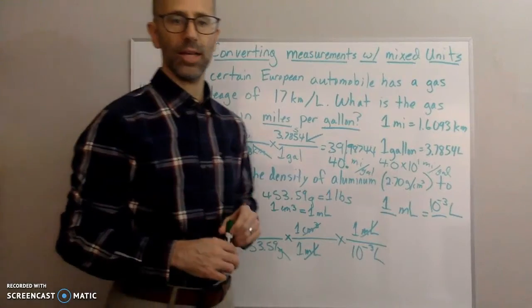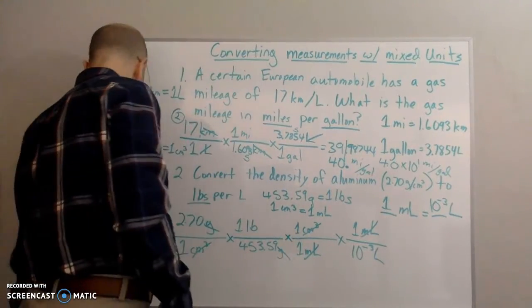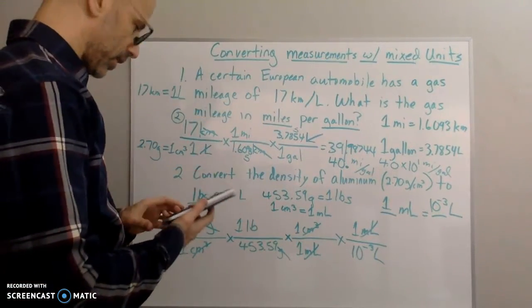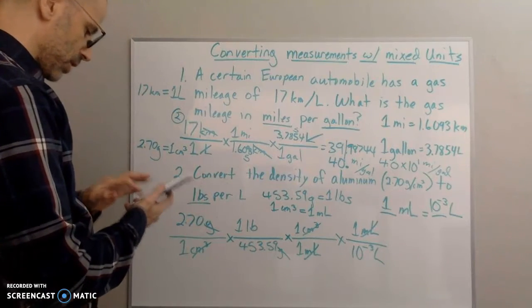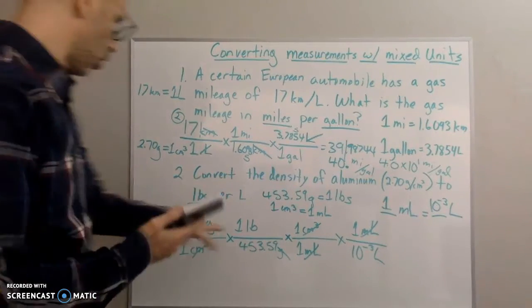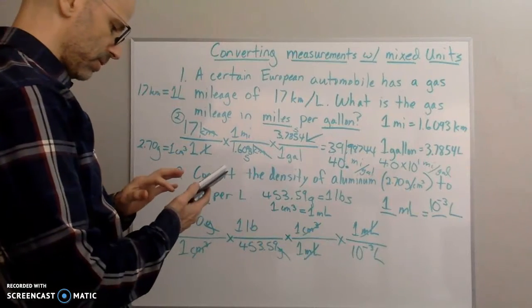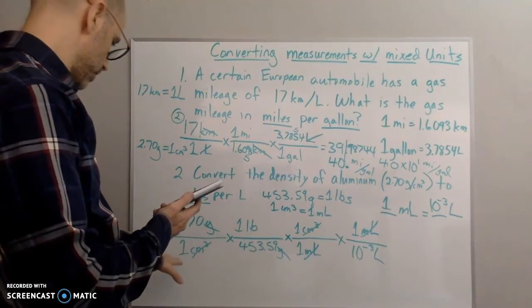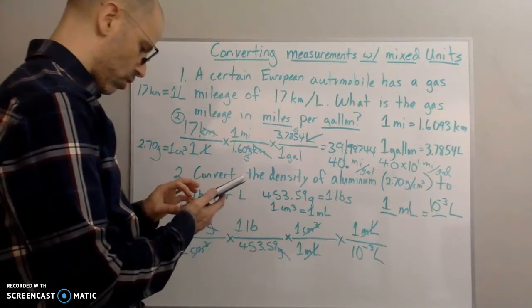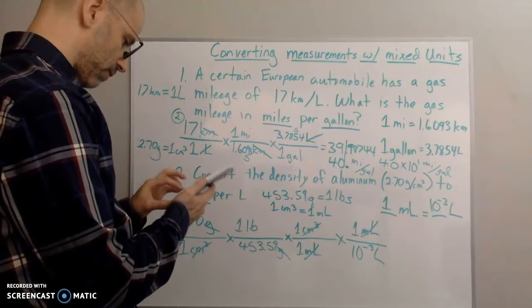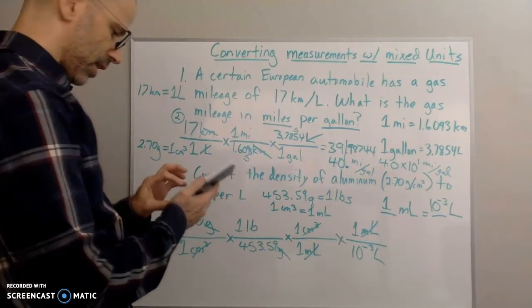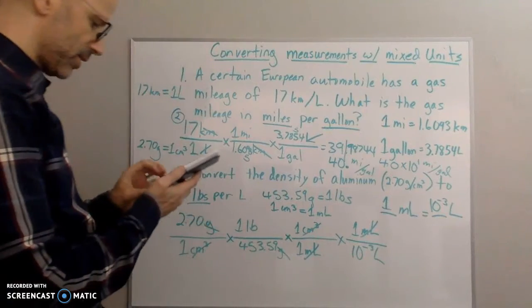So now all I do is I calculate the answer. So again, calculate really quick. 2.70 times, these are all 1, so ignore those. Divided by 453.59, and then I'm going to divide by that.